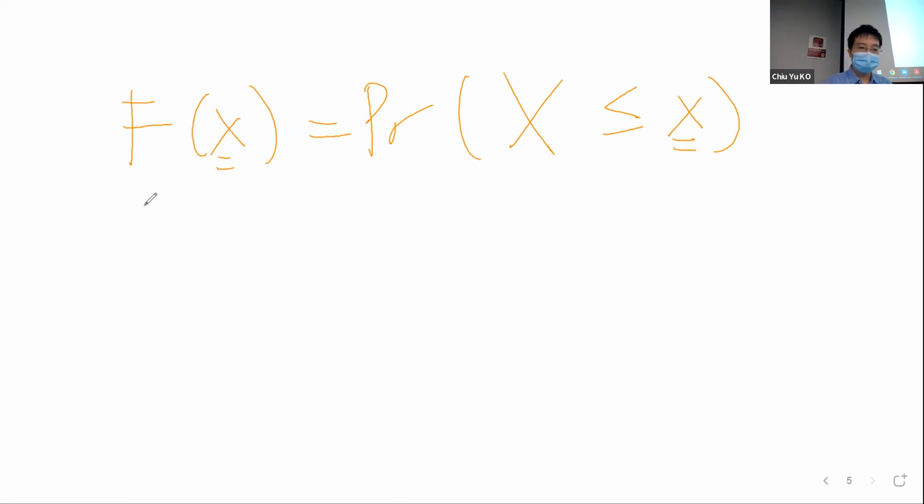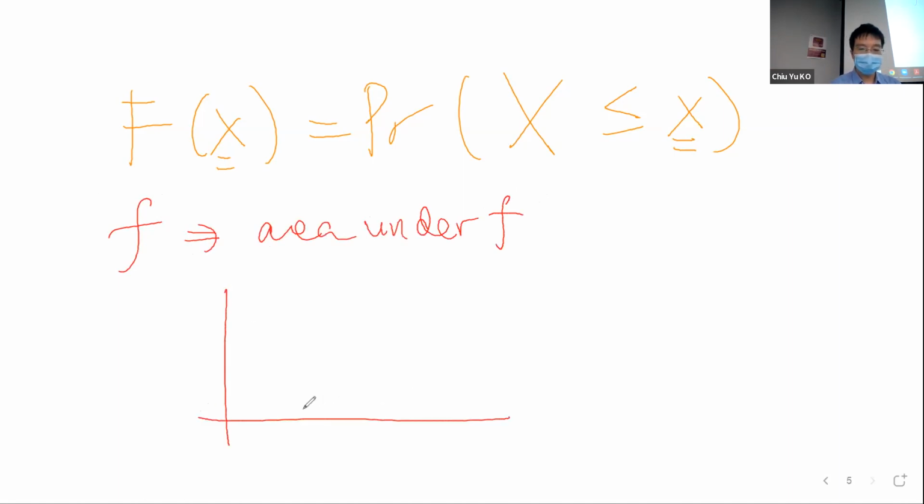And how about small f? For small f, you have to use integration. In that case, we do not use it directly, we use the area under f. That's integration. So the area under f between a and b is the probability between a and b.